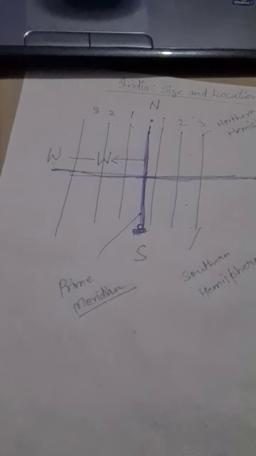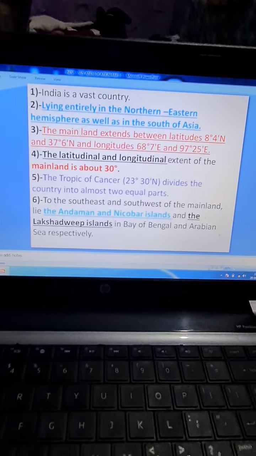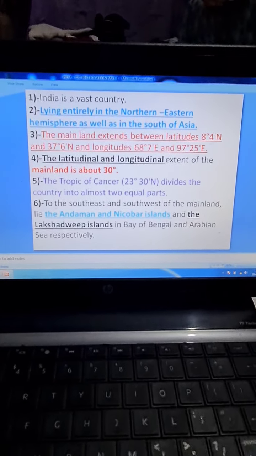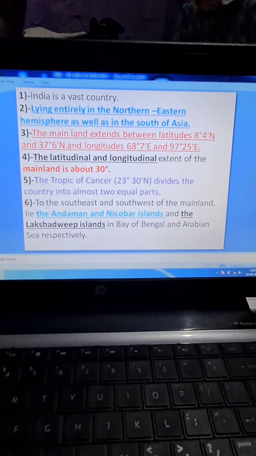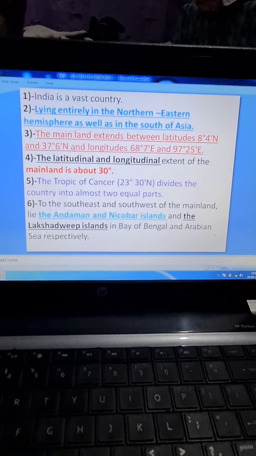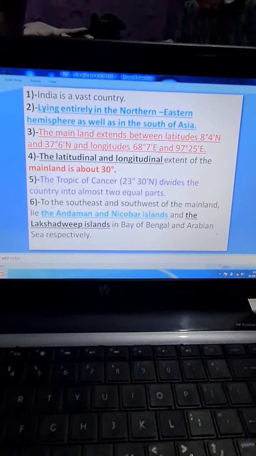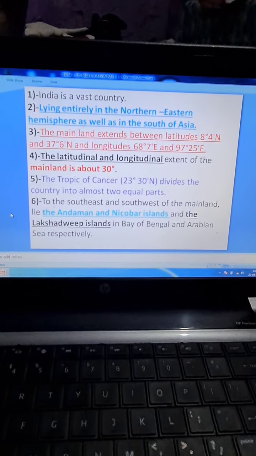As we already know very well, the location of India is given by its latitudinal and longitudinal extension. The mainland extends between latitudes 8 degree 4 minute north and 37 degree 6 minute north, and longitudes 68 degree 7 minute east and 97 degree 25 minute east.